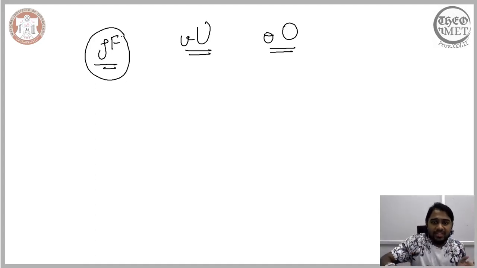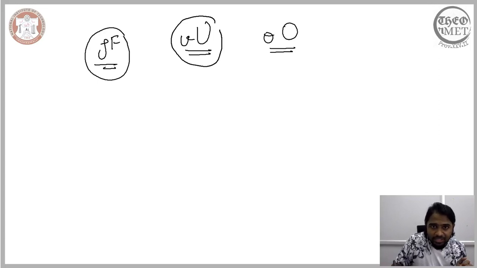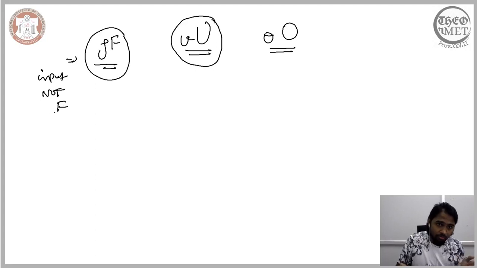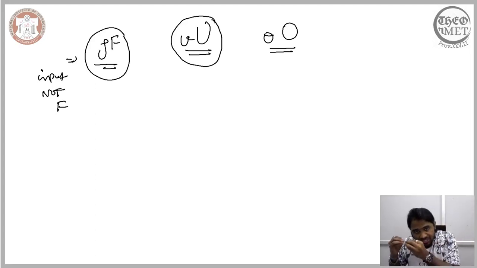And our desired output is the fraction that is separated, the amount of undersized particles that is separated. So this will act as our input, not F, because F comprises both oversized and undersized particles. Since we are largely focusing on the separation of the undersized particles, the input should be the amount of undersized particles that is fed in.